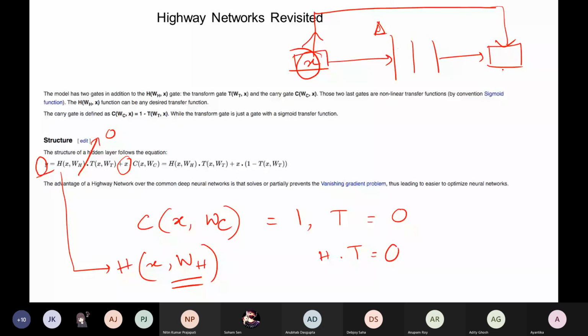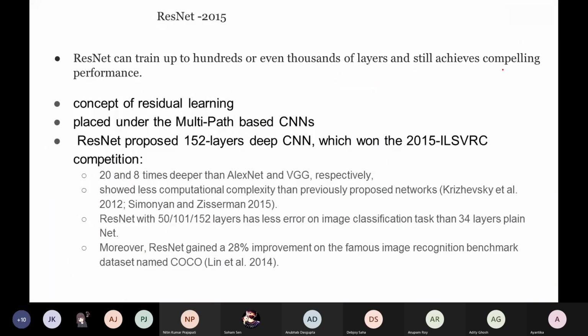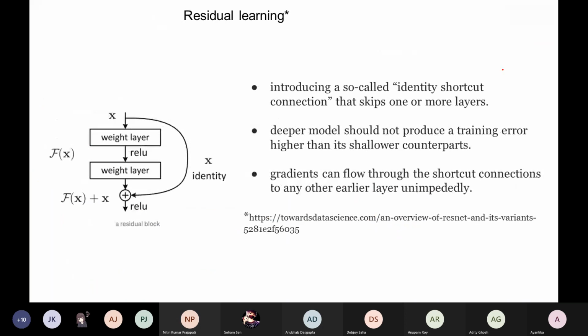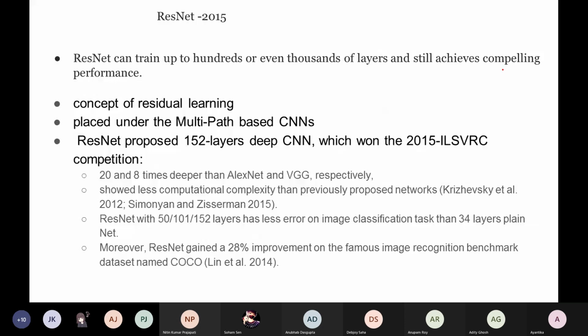This is the basic concept we use when we talk about these depth-based networks. That is the same in ResNet. Now, let us see what we understand by residual learning. Maybe you have heard about ResNet. ResNet is based on exactly this concept of residual learning.